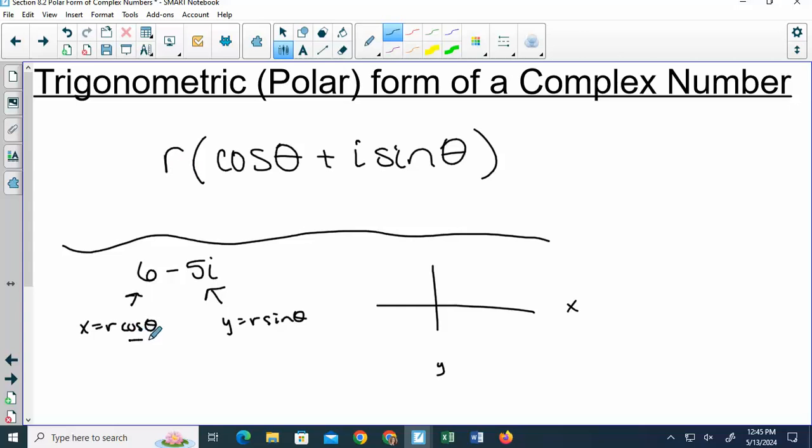And then you have the cosine, the sine, and the i just comes from the fact that it's an imaginary number. Okay, so that's just a little justification on why this form is what it is. All we are really going to do is practice going back and forth between rectangular form, which is what we typically are used to, like our ordered pairs, and the polar form.